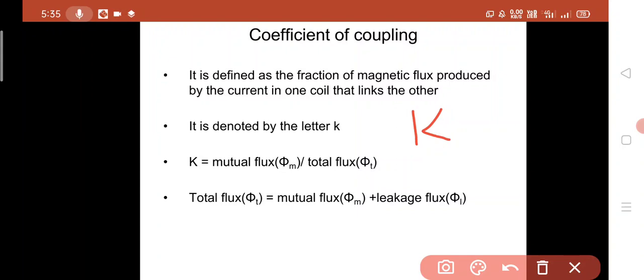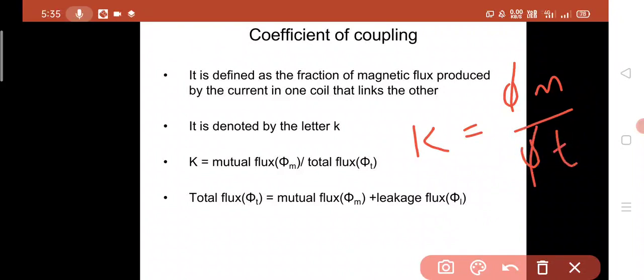Next point, K is equal to mutual flux phi m divided by total flux phi t. Here m stands for mutual flux and t for total flux. The total flux is equal to mutual flux plus leakage flux.